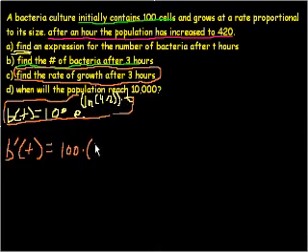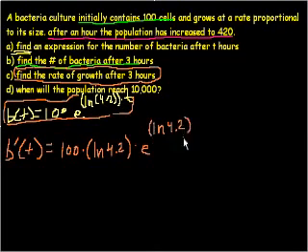So times ln of 4.2 times the derivative of e to the whole thing. Well, the derivative of e to the x is e to the x. So the chain rule tells us it's just times e to the ln 4.2 t. So that's the derivative at any time t.